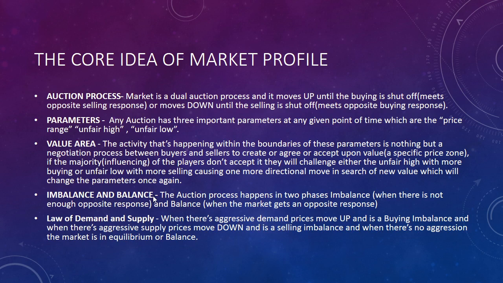When there is aggressive demand, prices move up, so usually when there is aggressive demand, buying imbalances happen. Imbalance is nothing but a trend. Similarly, when there's aggressive supply, selling imbalances happen. And when there is no aggression, the market tries to stay in a range. That's the law of demand and supply.